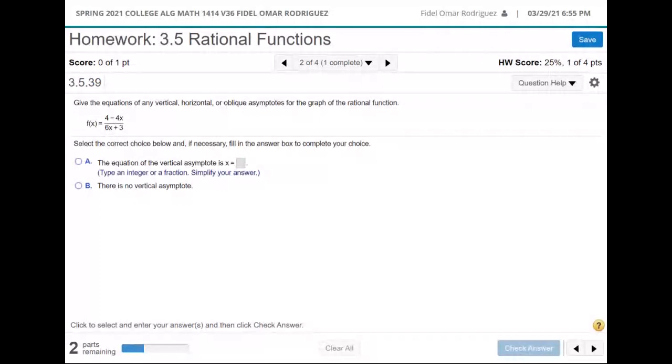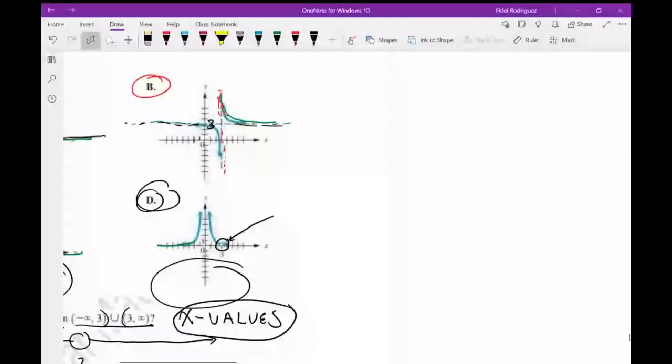Okay, so this is number 2, and it says give the equation of any vertical, horizontal, or oblique asymptotes. We shouldn't have any oblique in your homework. So remember, the first thing I do, if I'm going to find my vertical asymptote, is take the bottom part and set it equal to 0. Let me make sure you guys can see it.